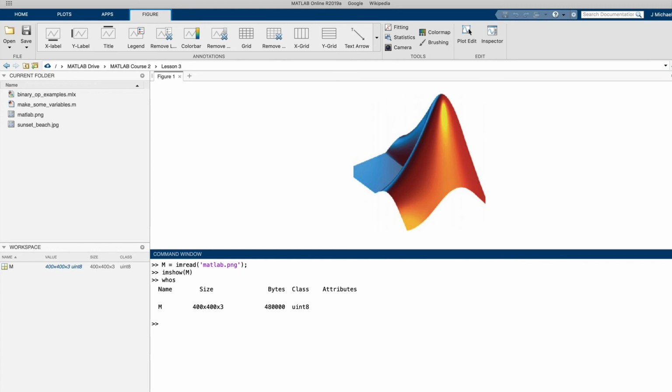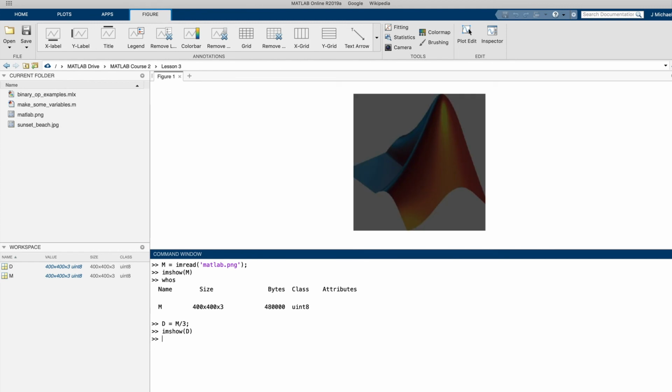Now let's do a little image processing on it. I'll create a darker version of the image by dividing all the intensity values by 3. Note that it kind of made the white background dark too, which is actually not surprising since we darkened every single pixel in the square image.